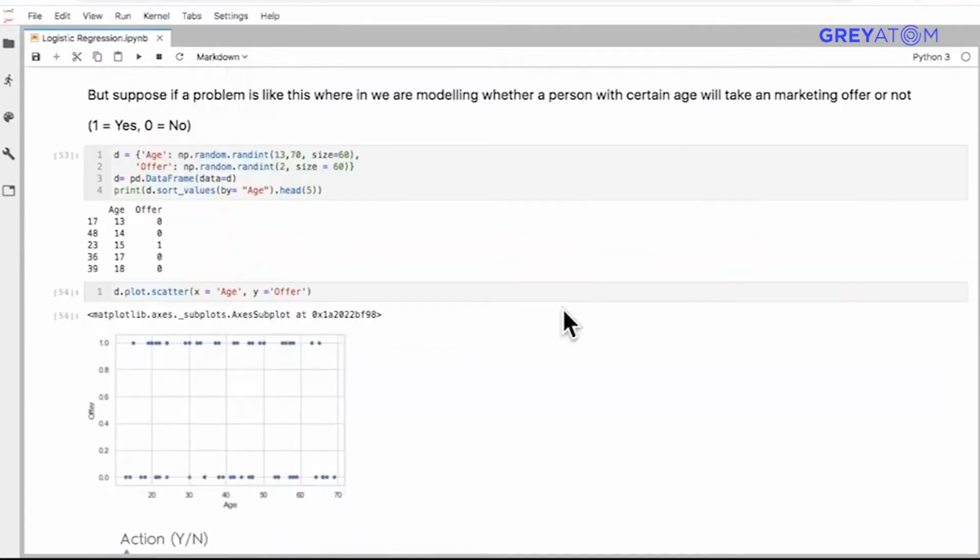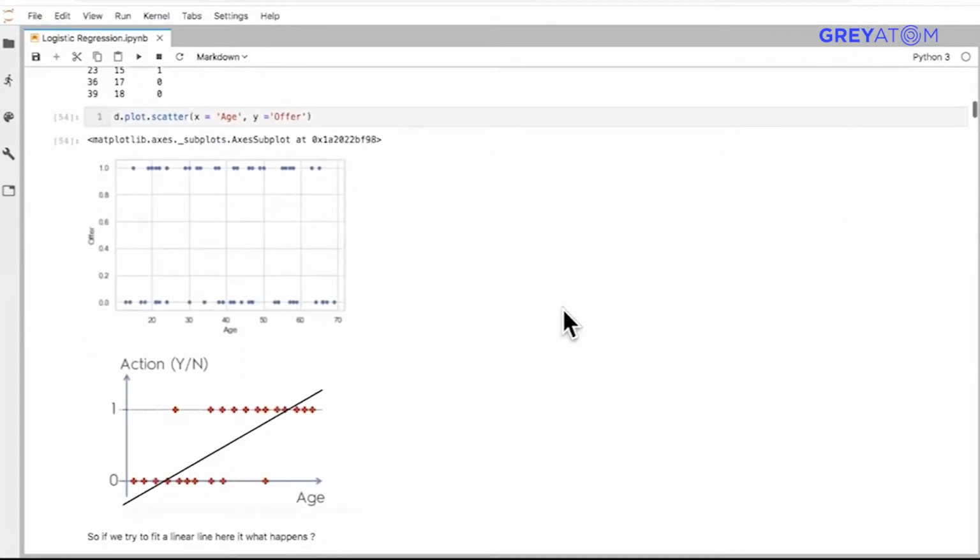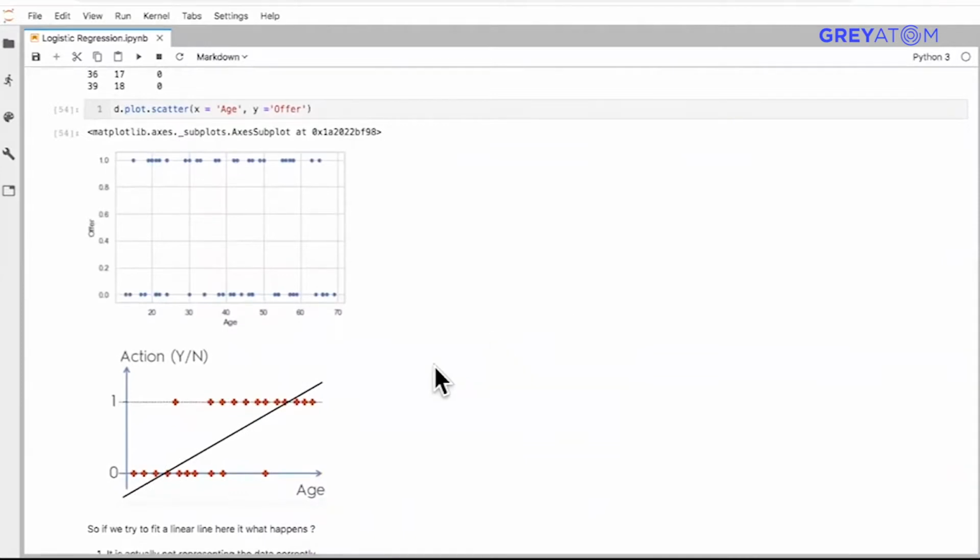When we plot this data, it doesn't actually look like a linear regression. Suppose a guy in his 20s accepted the offer, he would be on 1, and some guy who did not accept it with a certain age would be somewhere here.